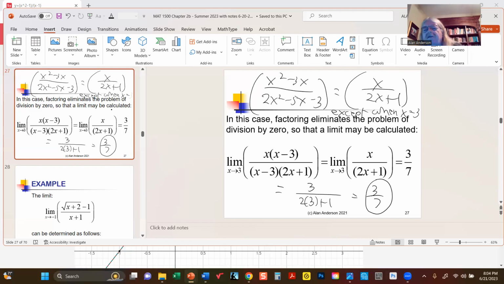Why? Because then the first one has a discontinuity. So that implies that they must have the same limit when x equals 3. And so I can find the limit of the first expression by taking the limit of the second expression. And here I can just easily substitute 3 and I come up with the correct value.